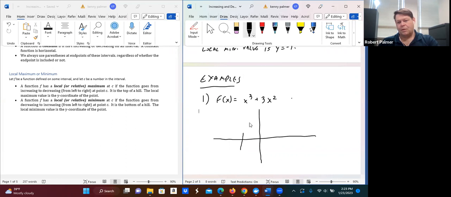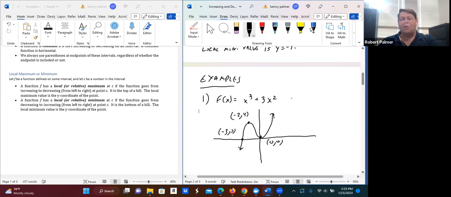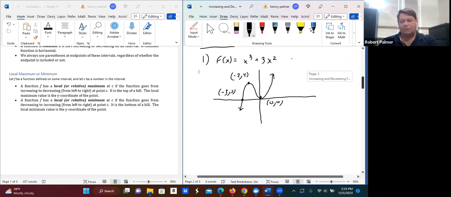So okay, now this intercept is at (-3, 0). This point is (-2, 4). And this point is at the origin. So (0, 0). Okay. Now let's combine all these ideas together we've talked about.